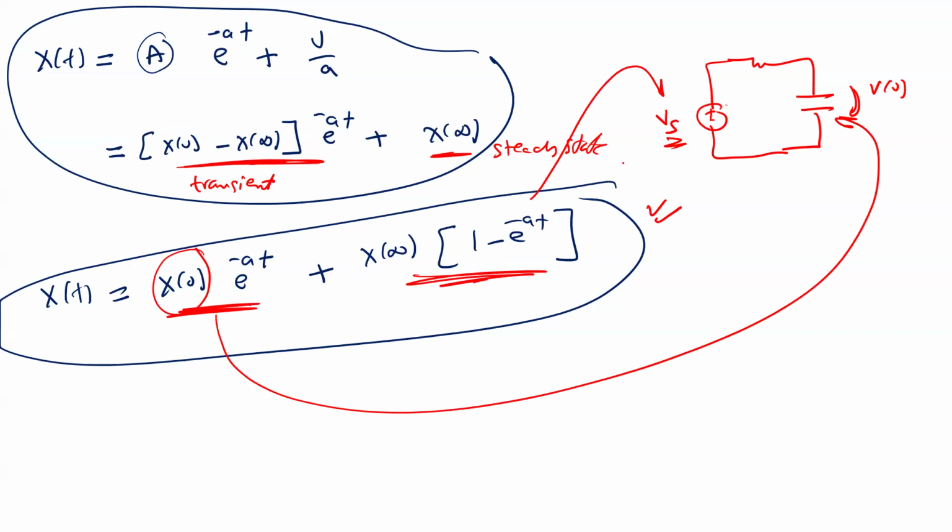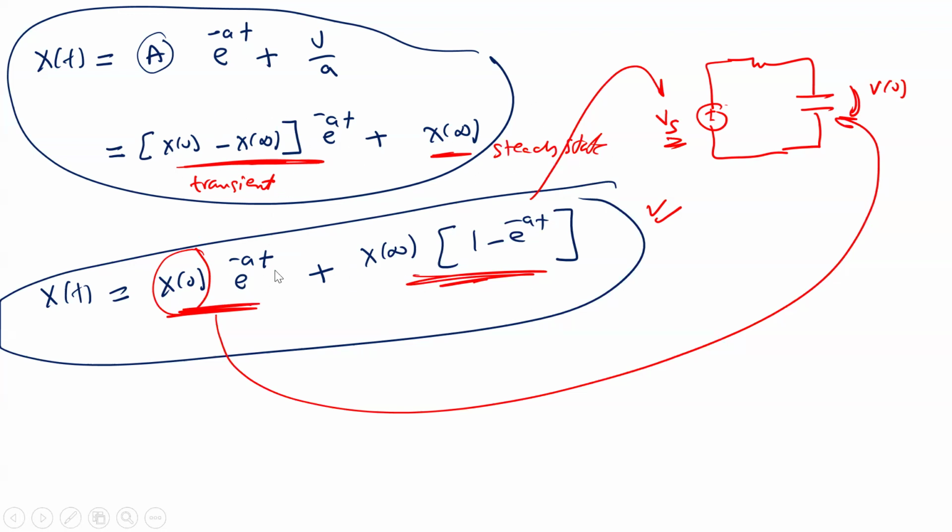Again, let me summarize what I said to end the lecture. What I said, guys, and that's what I'm going to continue next time: if you have a first order differential equation, this is the solution. And this solution I can write in two different formats. They are the same, but they give me different meaning. If I write it this way, here I can see the transient part and the steady state part.